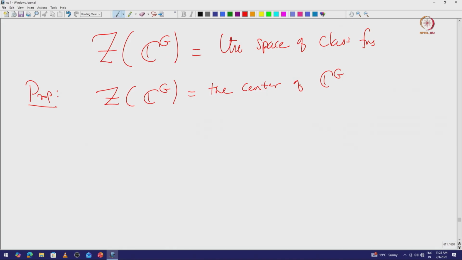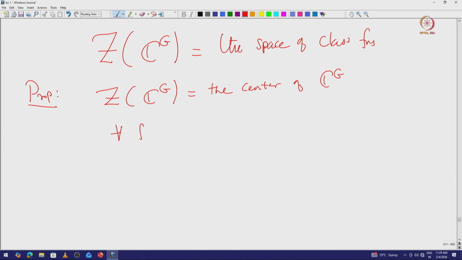G is any general group, and I am talking about the convolution product on CG, unless otherwise specified. So, what is the meaning of this? It means that any class function commutes with all elements of CG.